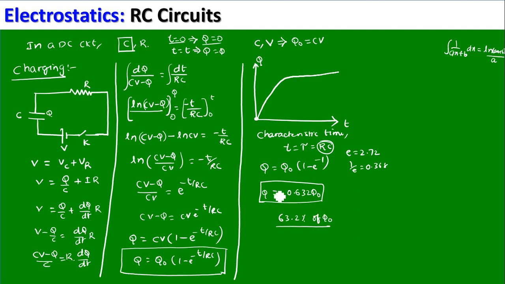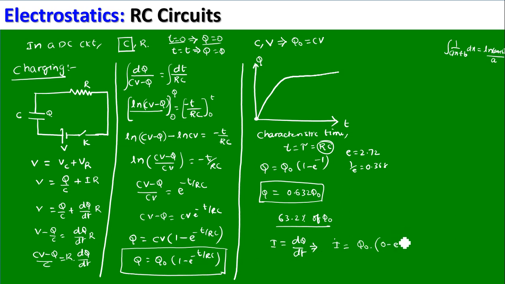Now if you want to see the graph of how the current looks, I is nothing but dq by dt, isn't it? Apply that here: dq by dt is I, that is equal to q naught as it is, and if I differentiate 1, I'll get 0.